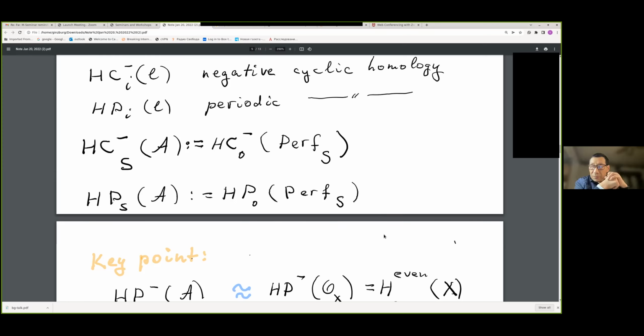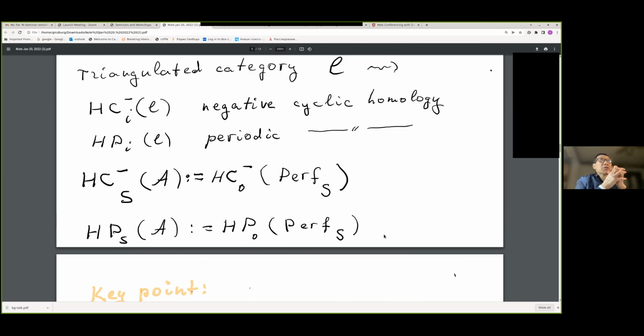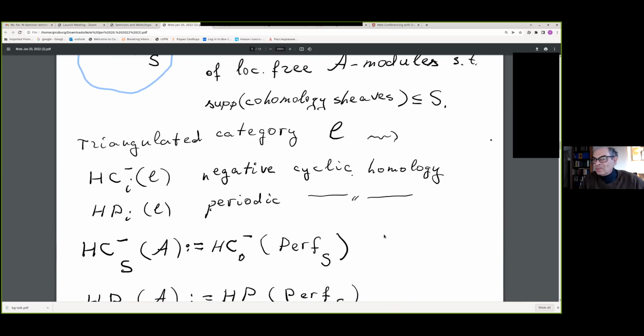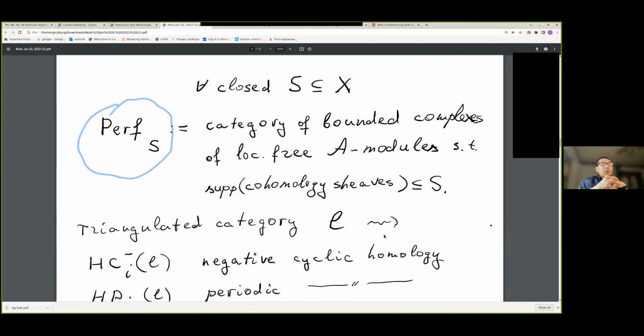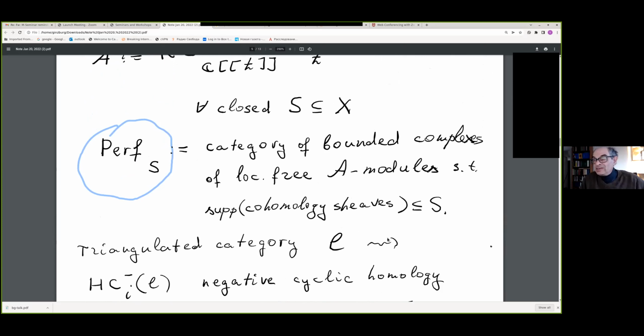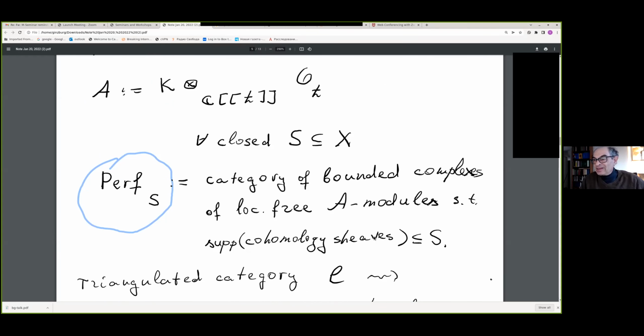Victor, I do have a question about the support of the cohomology sheaves. The cohomology sheaves are still A-modules, which is quite large. Yes, sorry, I should have said it more carefully. There are two notions of support, which actually are the same. One notion of support comes from algebraic geometry, or commutative algebra rather.